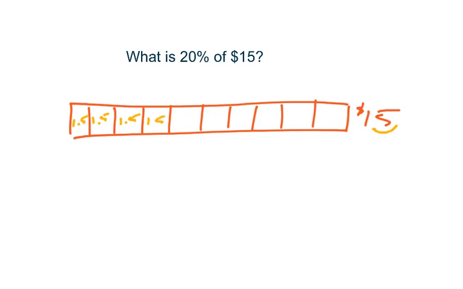And we could do that for all of these because they're all the same. But we only need 20%, which means we need just 2 boxes. So these 2 boxes would be 1.5 plus another 1.5, and 1.5 plus 1.5 is equal to 3. Okay, so we can solve this either with parts of boxes or parts of dollars, and it still works out.